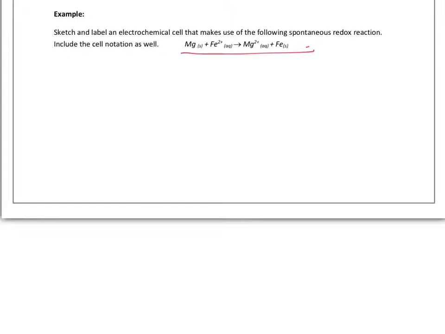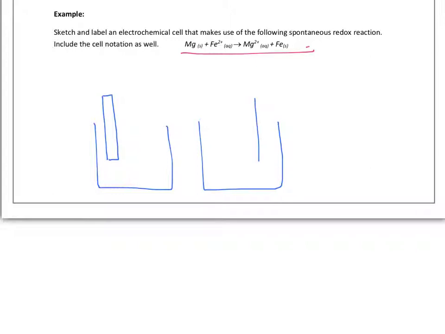Then all you have to do is label it according to your particular example. So if you remember the general shape of the electrochemical cell, it will make your life a lot easier. In 2D, we have two beakers, and these two beakers have electrodes in them, dipped down into solution.